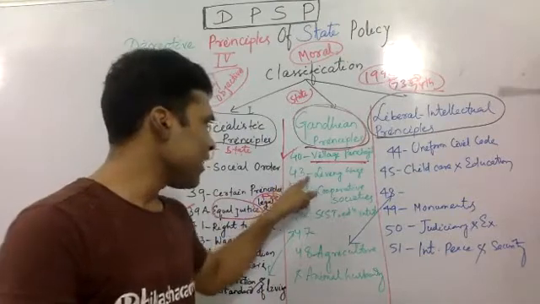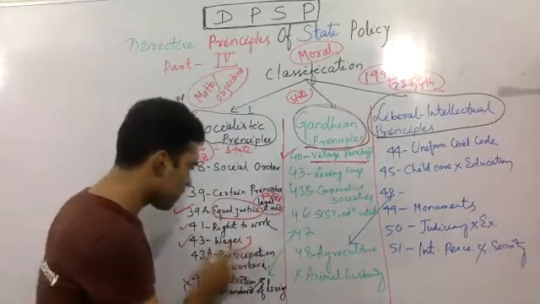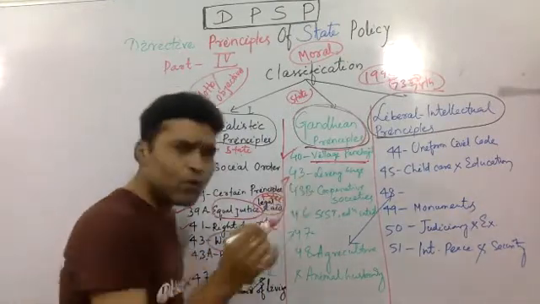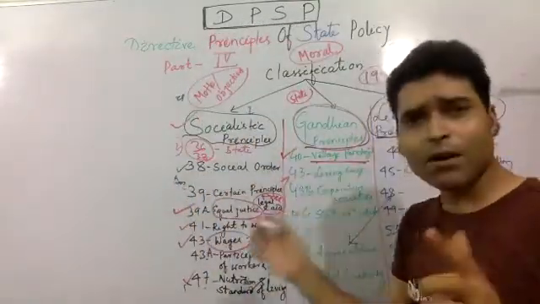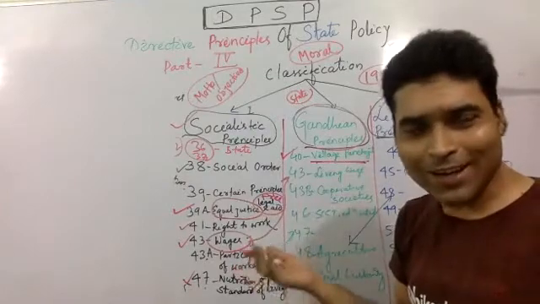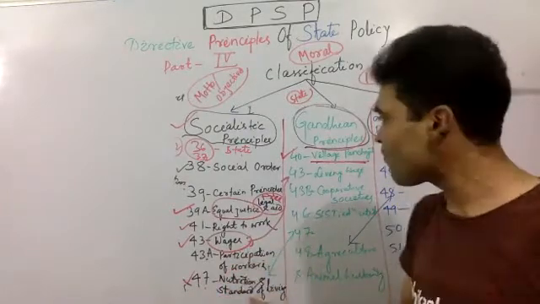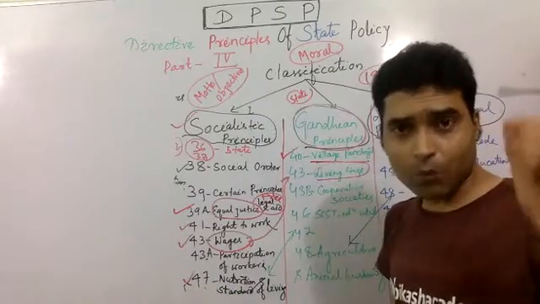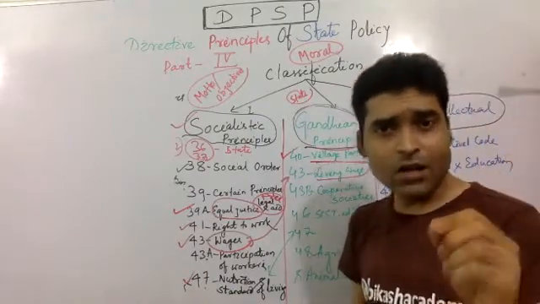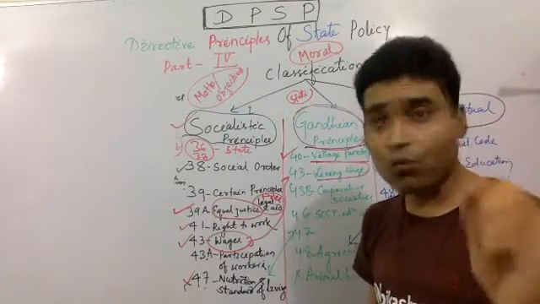And again, 43 is living wages, you can see here. This has similarity, a few articles related to the socialistic principles and Gandhian ones. There are common articles, so no need to take any tension or dilemma. So 43 is living wages. The state has a moral responsibility to provide wages to the laborers, workers.